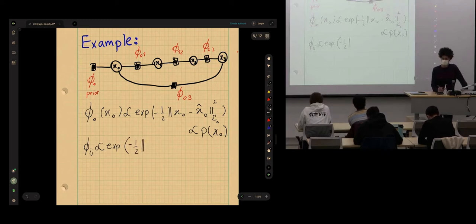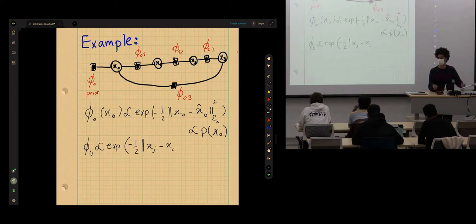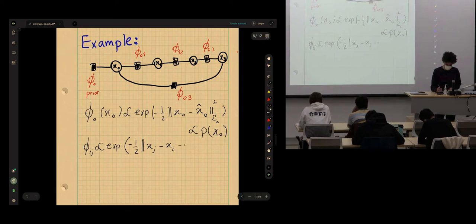Now I'm making it more specific. These are the specific models. It's not F or H. My models are linear. So my transition model between any node ij, because I am also describing phi 0, 3, is xj minus xi minus uij.